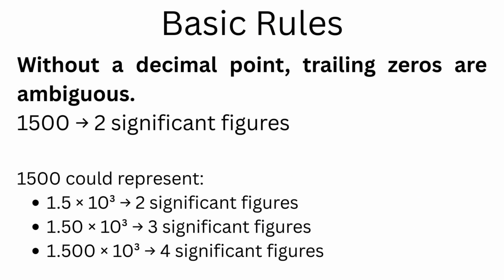The coefficient here is 3.2, so there are 2 significant figures. Now let's discuss rule number 4 a bit more. Without a decimal point, trailing zeros are ambiguous. What exactly am I talking about? Let's take an example of the number 1500. 1500 could represent 1.5 times 10 to the 3rd, so there are 2 significant figures. 1.50 times 10 to the 3rd, so there are 3 significant figures. 1.500 times 10 to the 3rd, 4 significant figures.